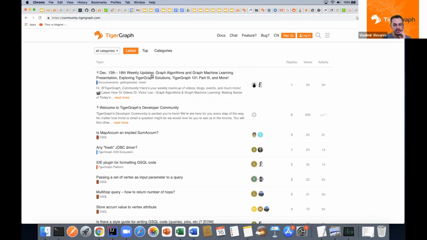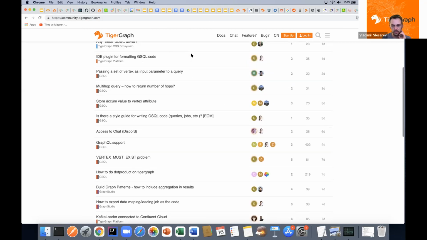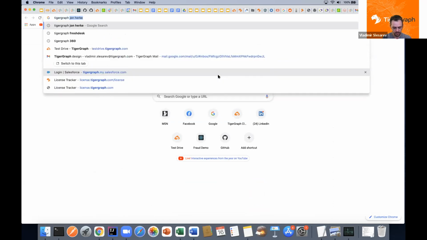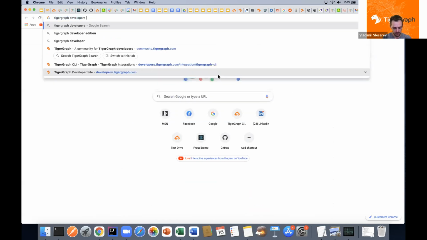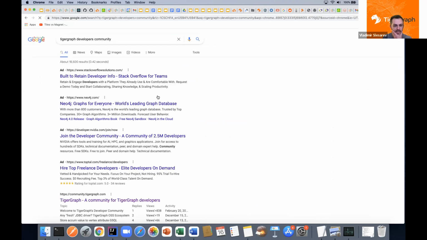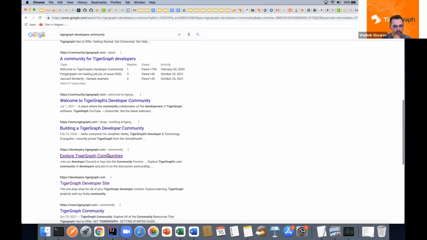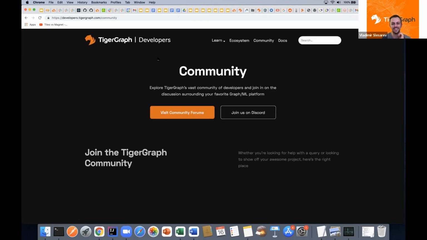If you go to community.tigergraph.com, there's a link somewhere here to our developers community, this one, developer.tigergraph.com.